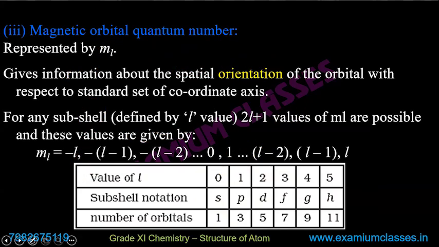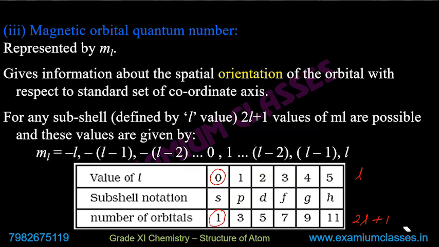Now this is something you already know. I'm just repeating so that you can recall. If the value of l is given, how many orbitals will be there? The number of orbitals for a given l is 2l plus 1. You have to memorize these things.